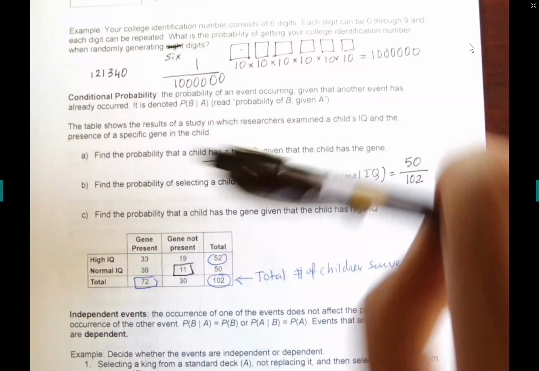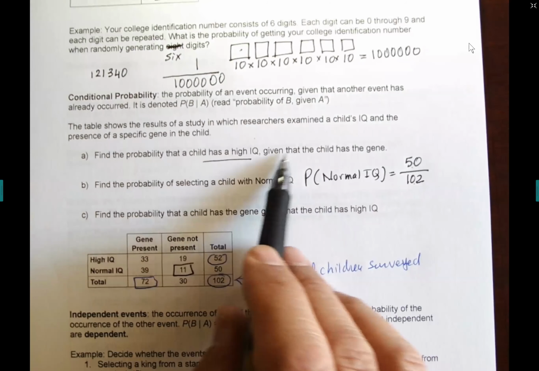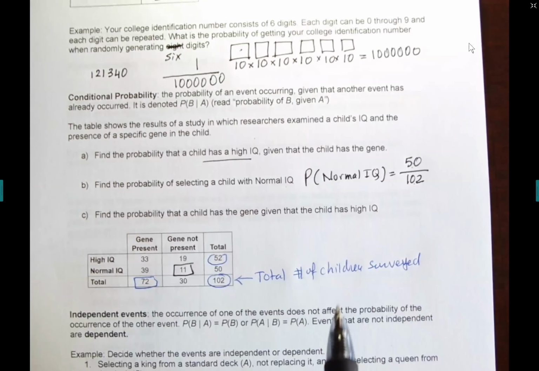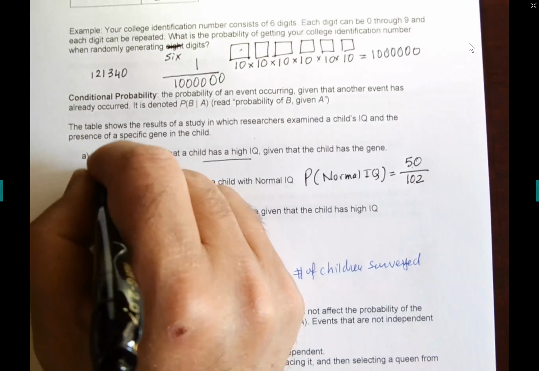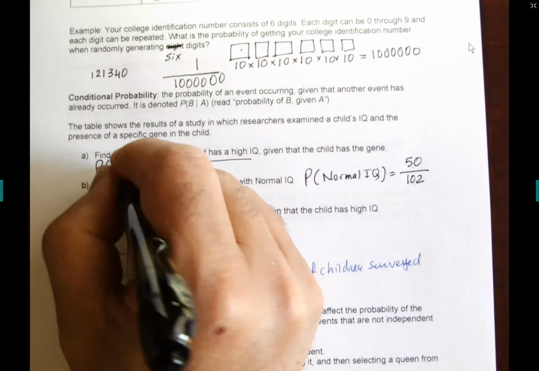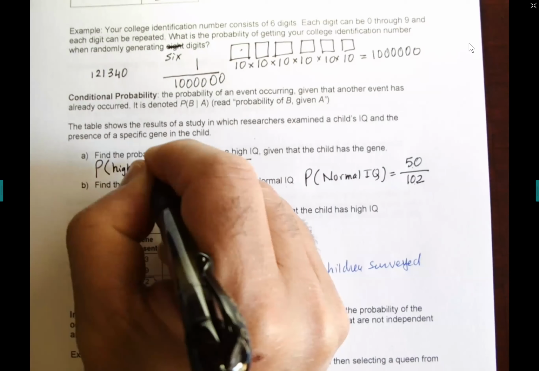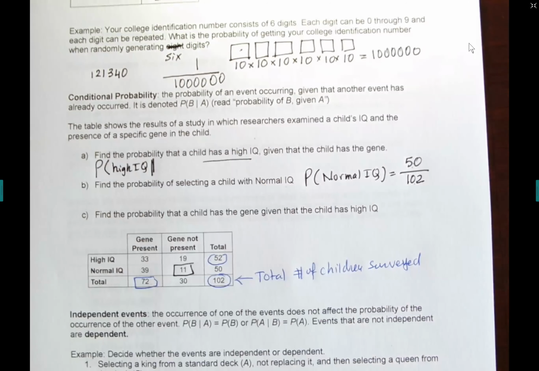Find the probability that the child has high IQ, given that the child has the gene. So he's imposing a condition on us that he wants the child to have the gene present. Let me write it down: high IQ, given, and in the book they write given like a vertical line. Once you see a vertical line, that's a given. Gene present.